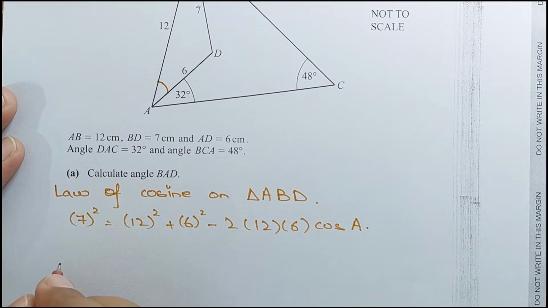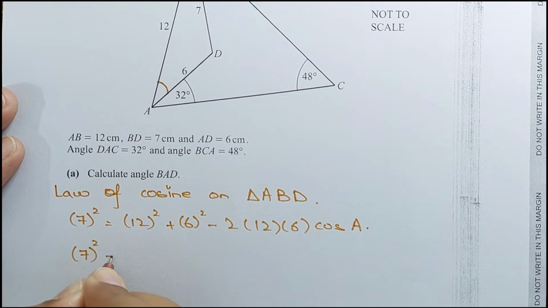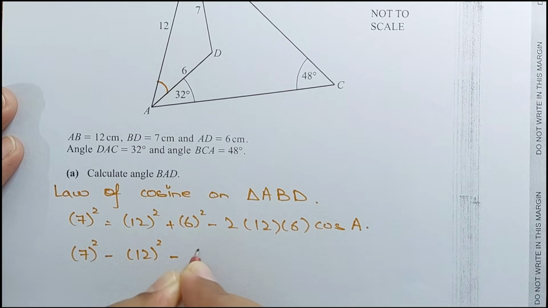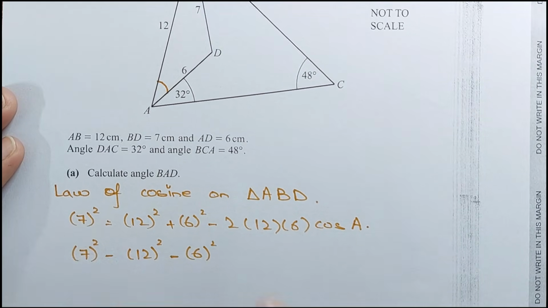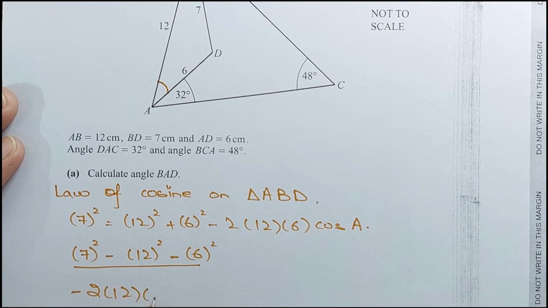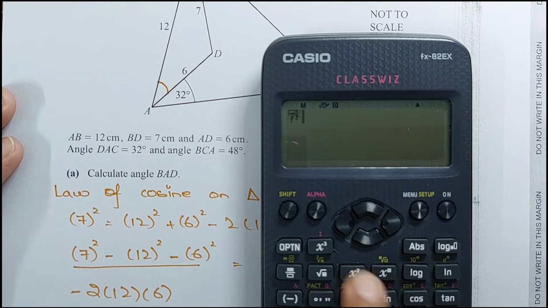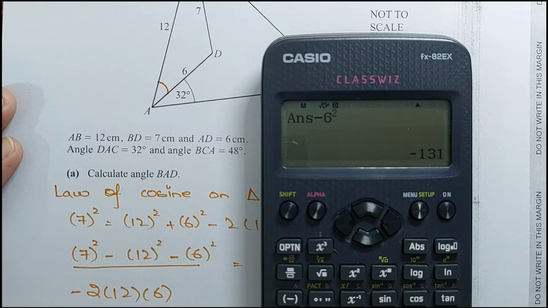Now we can say 7 squared minus 12 squared minus 6 squared. What I did, I shifted the 12 squared to the other side, and 6 squared as well. And this term is going to be divided by minus 2 into 12 into 6, and we are just left with cos of angle A. Let me simplify that term. 7 squared minus 12 squared minus 6 squared: the numerator is minus 131 and the denominator is minus 2 into 12 into 6, minus 144.